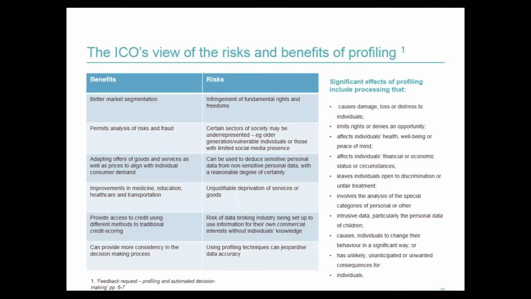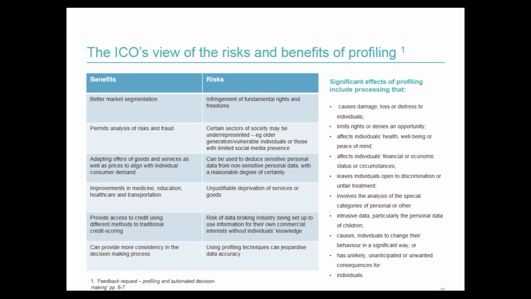So on the 6th of April, the Information Commissioner's Office published a discussion paper on profiling and automated decision making in the GDPR. And the deadline for responses was the 28th of April.